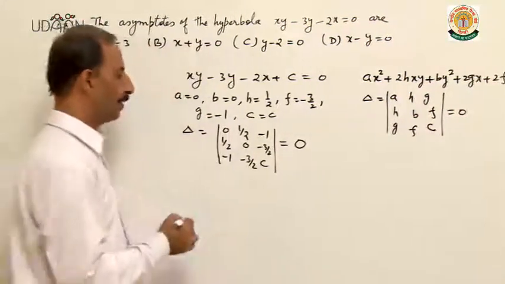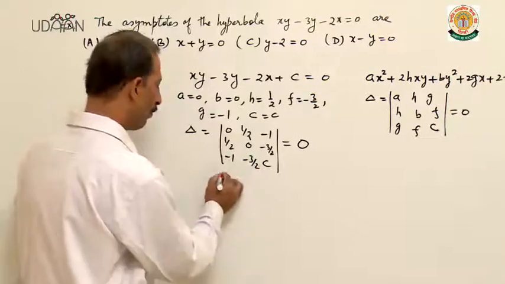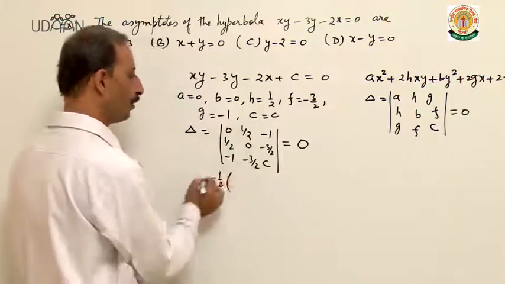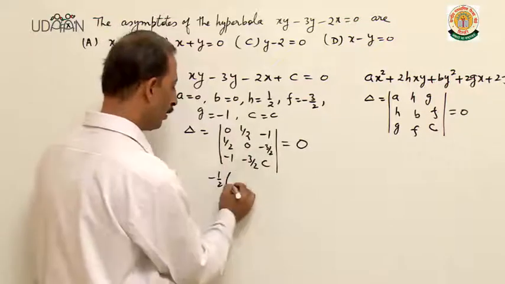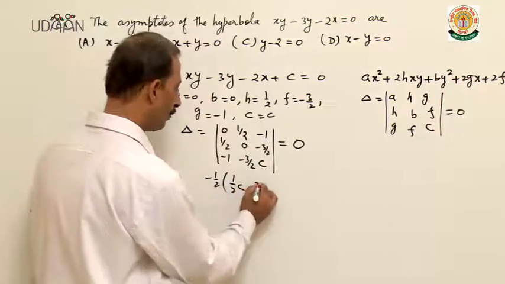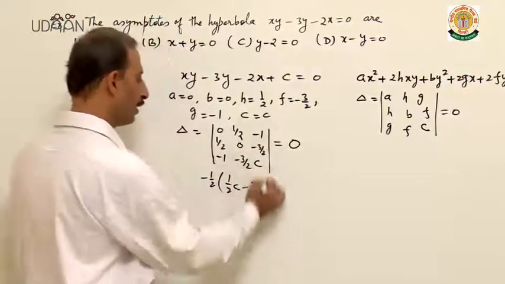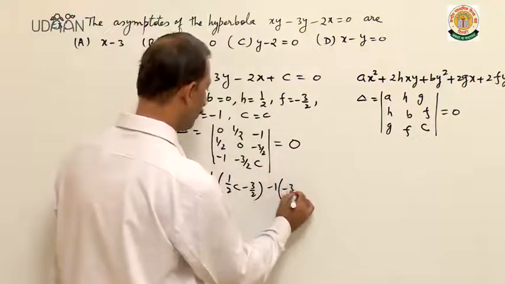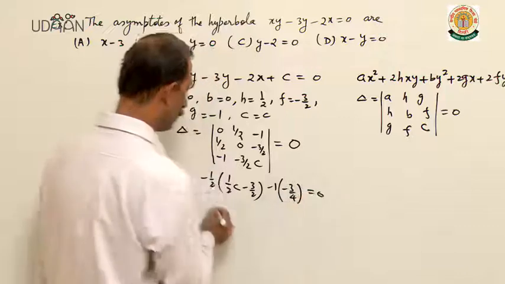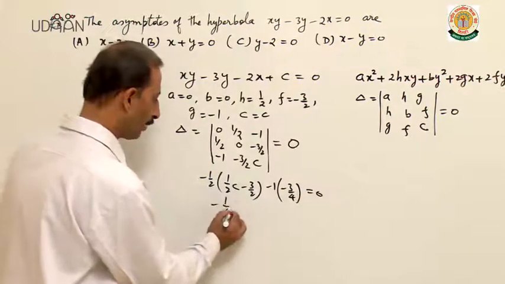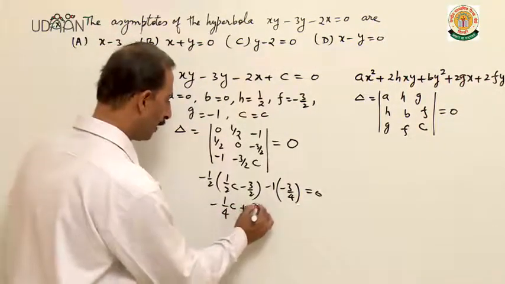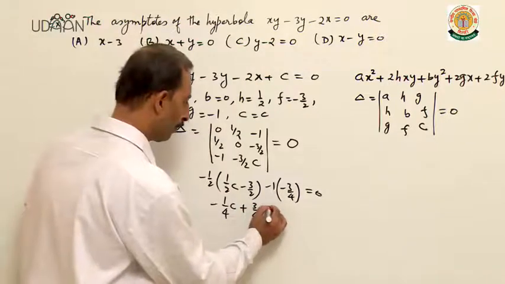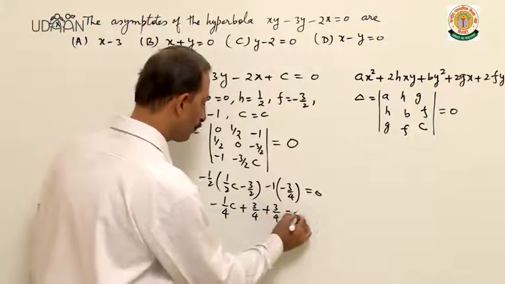Now expand this, it becomes minus half, first term is 0, second is minus half into half c minus 3 by 2, then minus 1 multiplied by minus 3 by 4, that should be 0. Simplify this, minus 1 by 4 c plus 3 by 4 plus 3 by 4 equals 0.